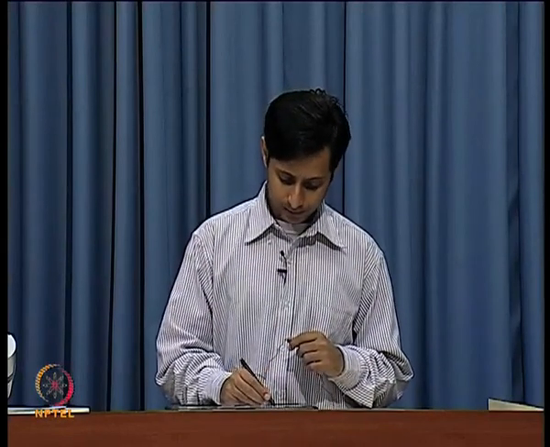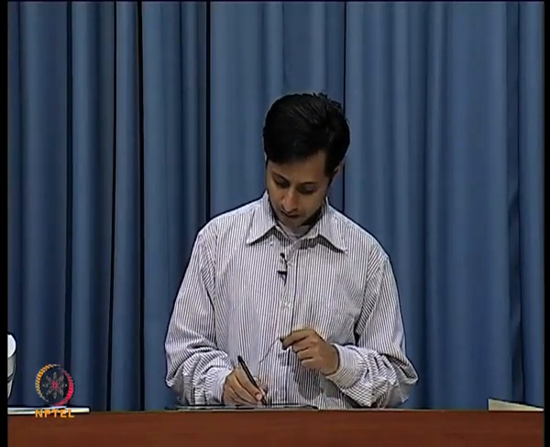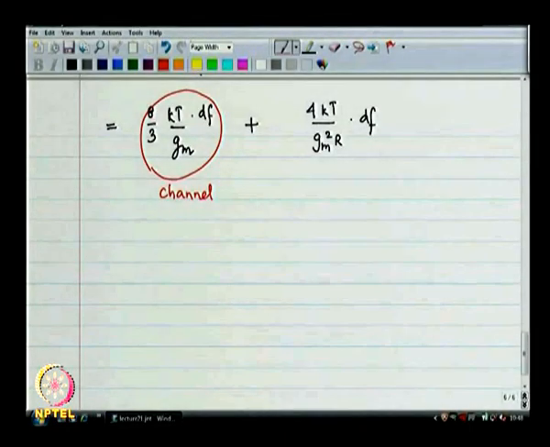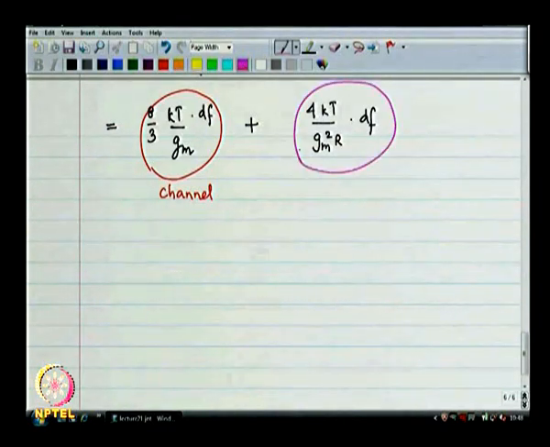Which is coming because of the channel? And this is coming because of the resistor. Okay. So, what do you see over here? The channel noise current, mean squared noise current, was so much.